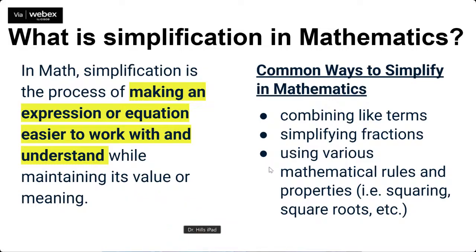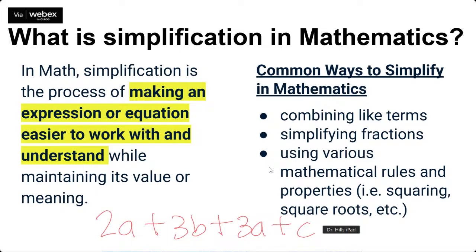So let's see, for example, if I have 2A plus 3B plus 3A plus 1C, and I need to make this simple, the first thing I'm going to do is combine like terms. I'm going to combine my 2A with my 3A. How many Acuras do I have? 2A plus 3A is going to give us what, everybody?